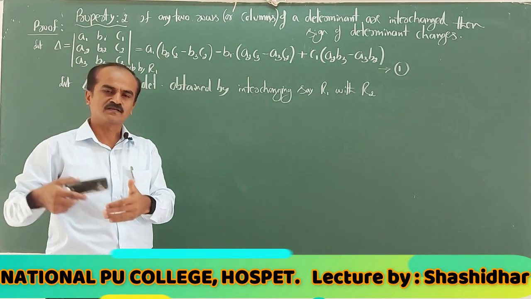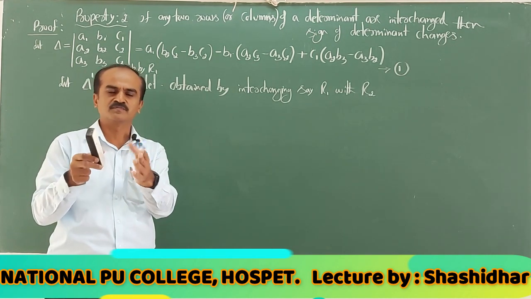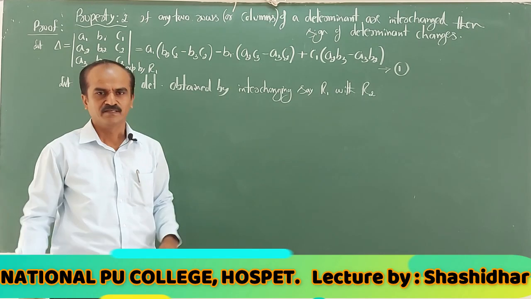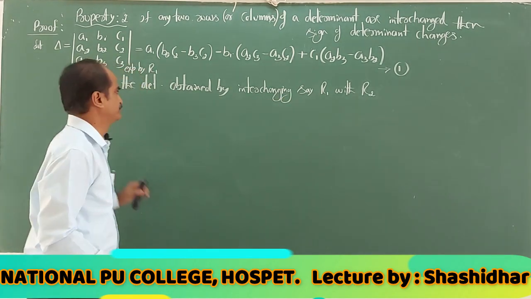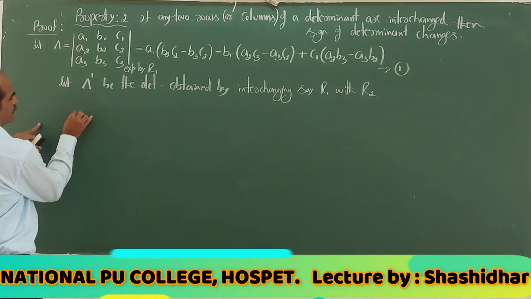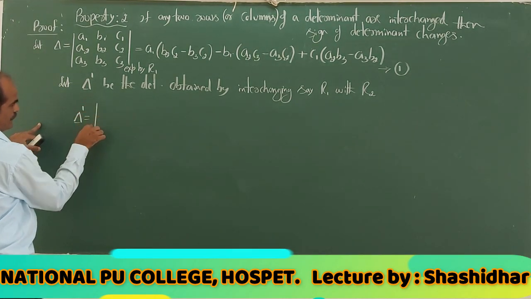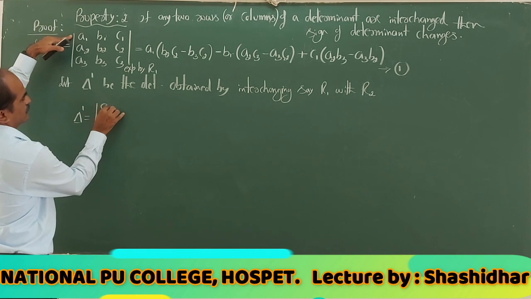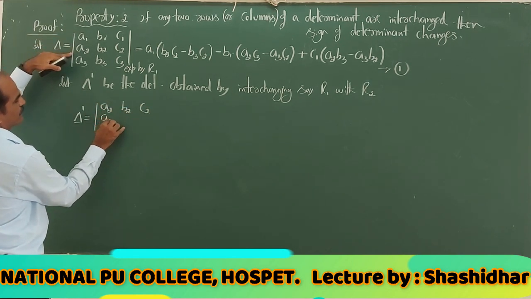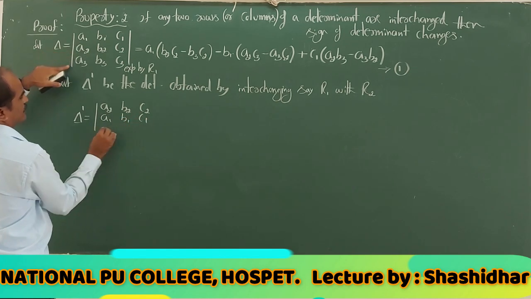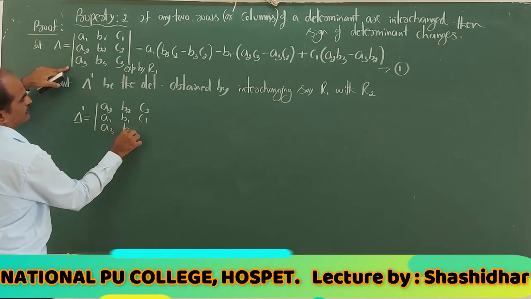R1 with R3, R2 with R3, column 1 with column 2, column 2 with column 3. Any of these cases I can take. So I have chosen R1 with R2. That is delta dash equal to. In the first row I have to write A2, B2, C2. In the second row I have to write A1, B1, C1. Third row A3, B3, C3.